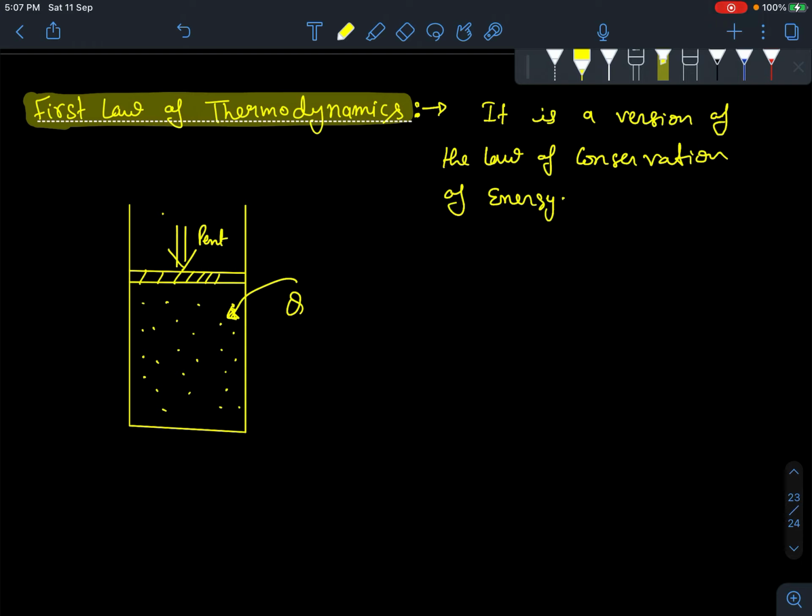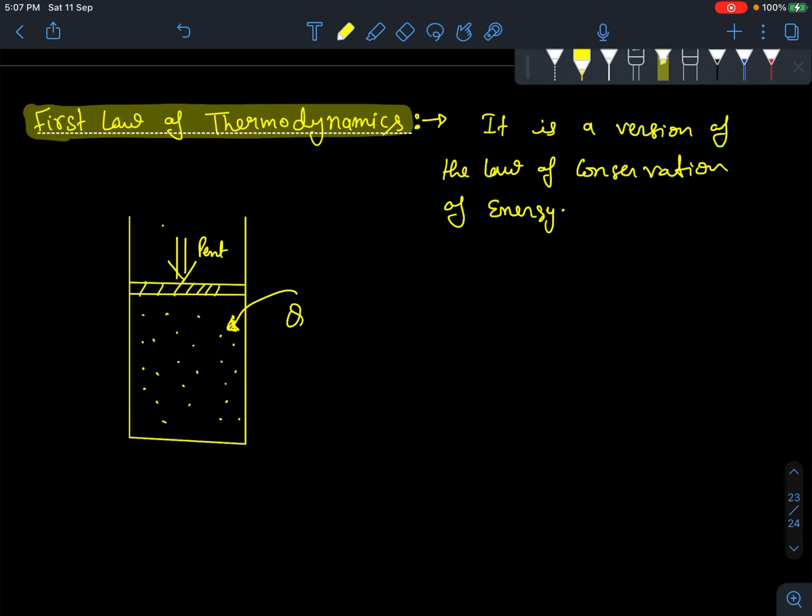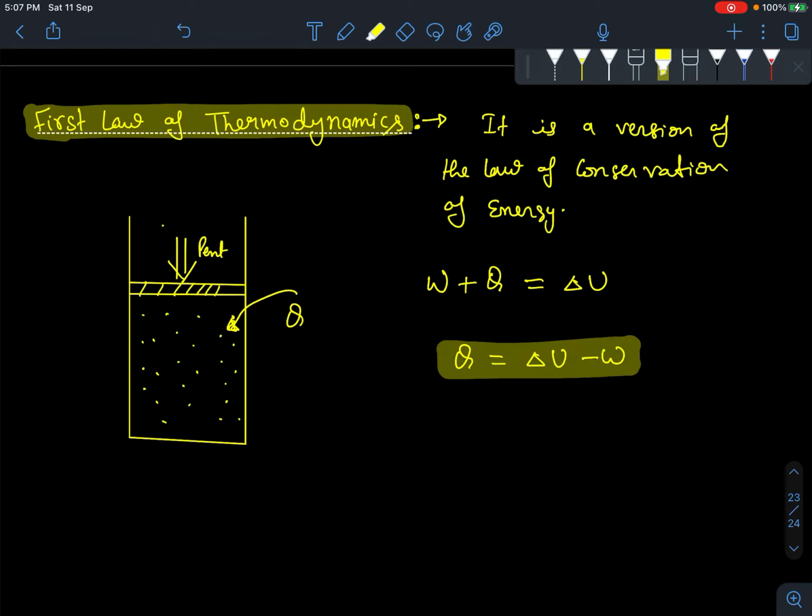It can only be transformed from one form to other. Right? So this is relating the work and heat with internal energy. So how can we write? Work done by the external agent plus the heat supplied by the external agent is going to change the internal energy. Or popularly we can write Q is equal to delta U minus W. This is how we used to write.